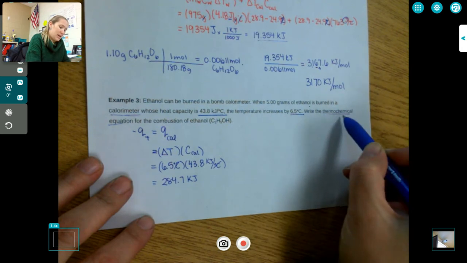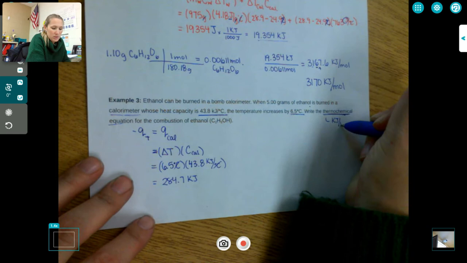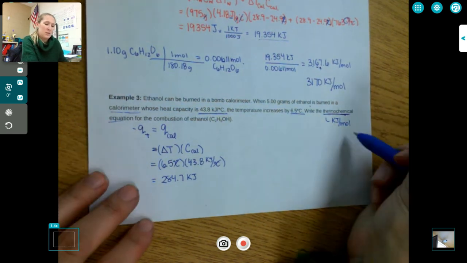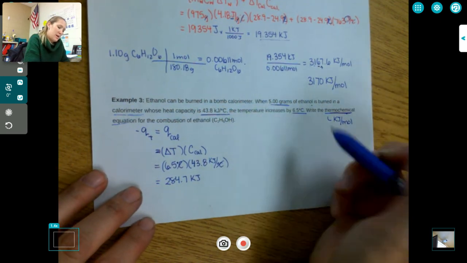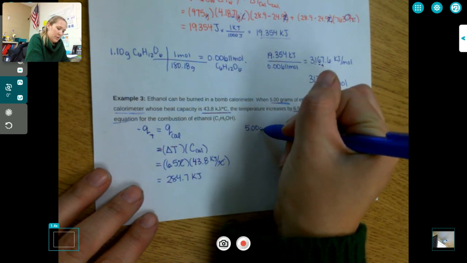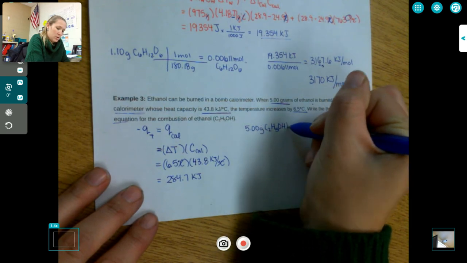All right, so that's kilojoules. But if I want a thermochemical equation, I'm going to want that answer in kilojoules per mole, because then it doesn't matter how many of anything I have. Once I know my moles, I can calculate it. So that means that my 5 grams, I need to convert to moles. So 5 grams of ethanol, C2H5OH.